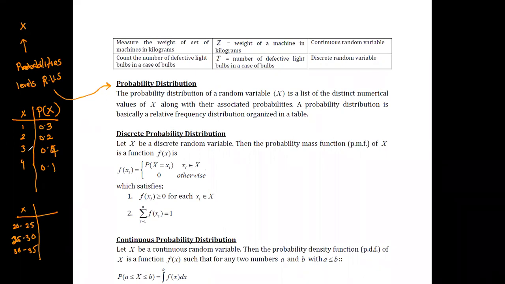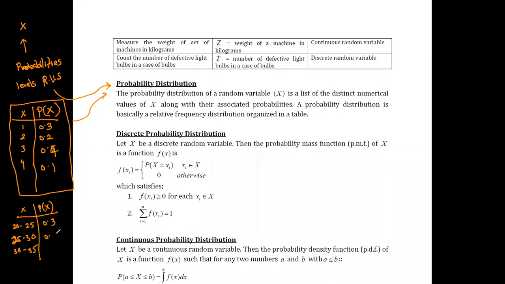Once we assign probabilities to the distinct numerical values of X, the random variable, then such an arrangement is meant to be a probability distribution. And if we consider X on a continuous scale, just as a continuous variable, if it is in the 20 to 25 range, we allocate the probability as 0.3.